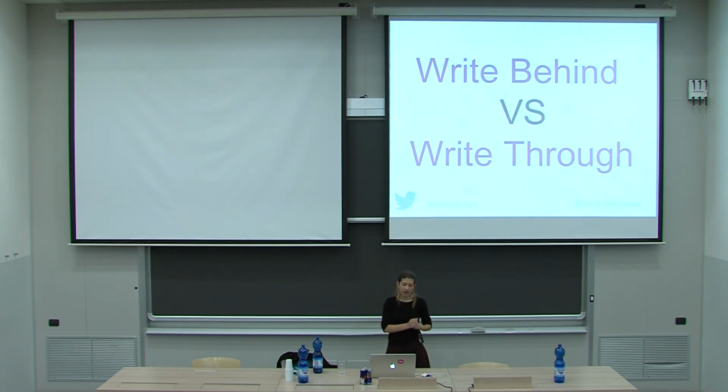Write behind and write through: one is synchronous, so synchronous is good, but it's slow as always. Because you will have the last updated data, but it will cost you a lot. Sometimes you don't care, sometimes you care. If you care, just go to write behind, because it's asynchronous, it's fast.